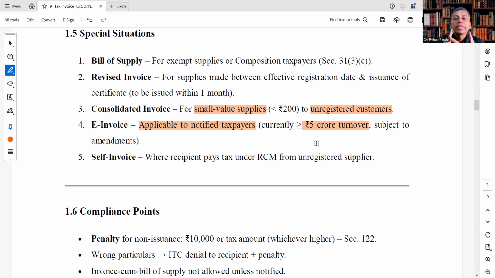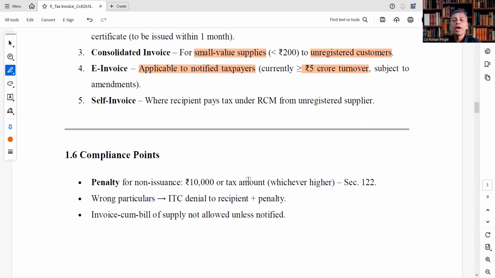Self-invoice. A self-invoice needs to be issued where the recipient pays tax under RCM from an unregistered supplier.